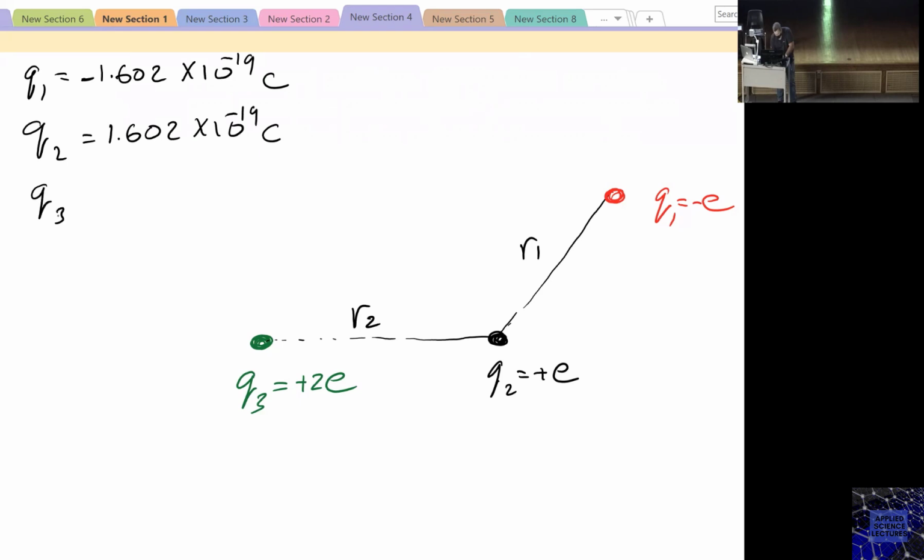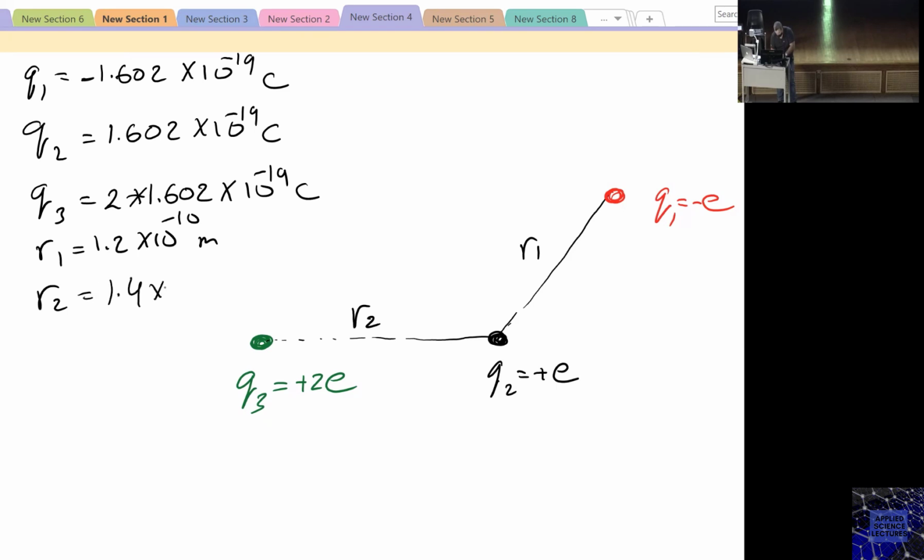I have Q3 as 2 times 1.602 times 10 to the power minus 19 Coulomb. I have R1 as 1.2 times 10 to the power minus 10 meter. I have R2 as 1.4 times 10 to the power minus 10 meter.